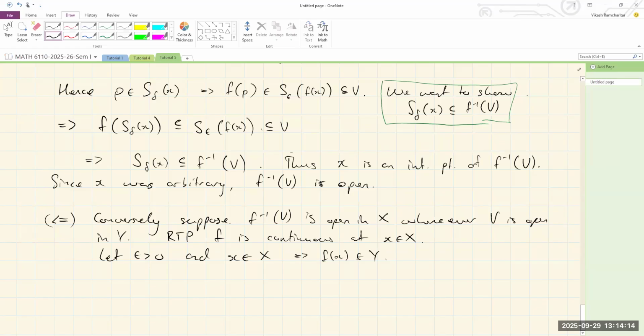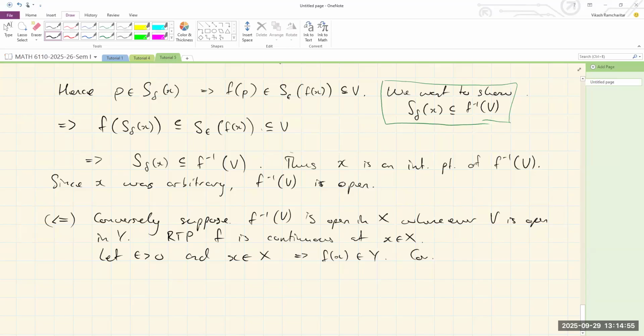If you take any point in X, the image will always be in Y. So I need a way to invoke my hypothesis, that f pulls back open sets in Y into open sets in X. So I need to make an open set in Y. I have a point in Y, f of x, and I also have a radius, epsilon. So why don't I just make an epsilon ball around this point in Y, because I know all open spheres are open sets.